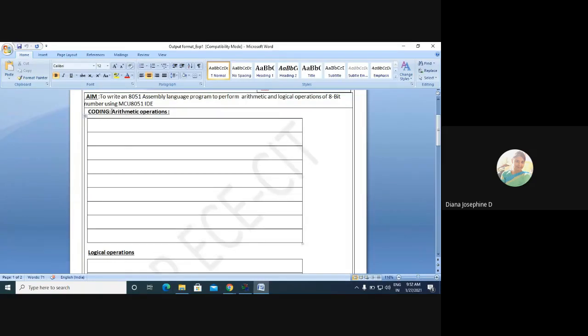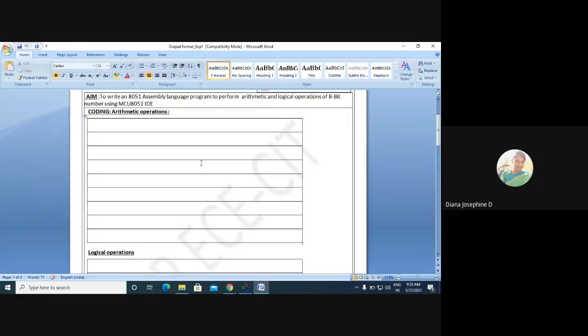Arithmetic operations you have 4: addition, subtraction, multiplication, division, and all the operations can be specified in a single line. If it is addition, ADD A comma B. You don't need to take different inputs and write the same code multiple times.